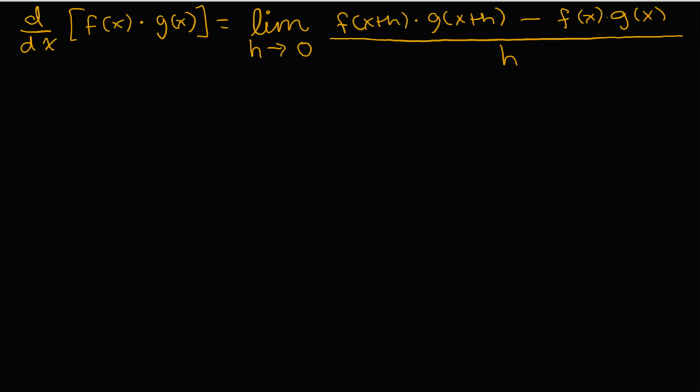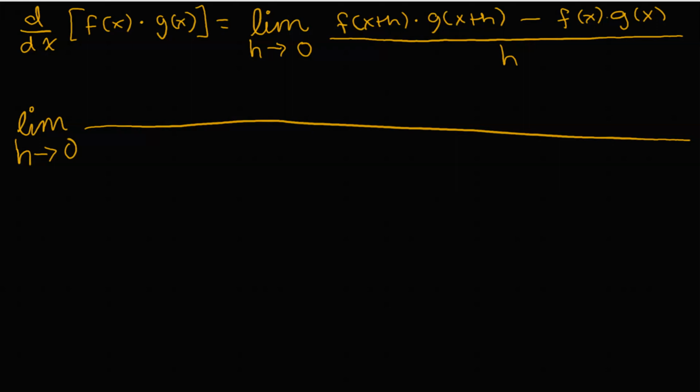Now, I'm going to copy down that limit, and I'm going to apply one little nifty trick here. f of x plus h times g of x plus h minus f of x times g of x, all over h.